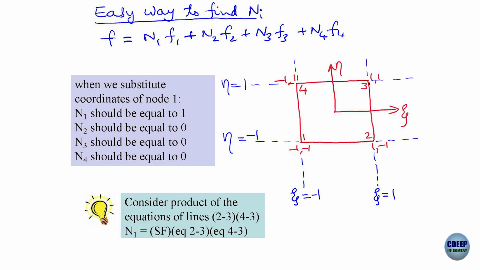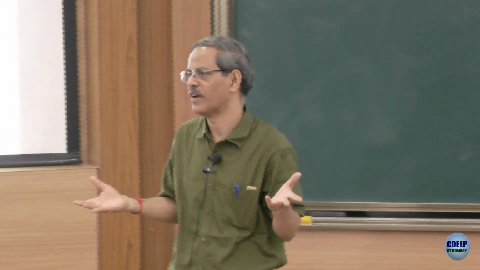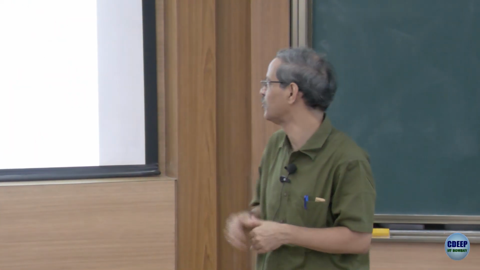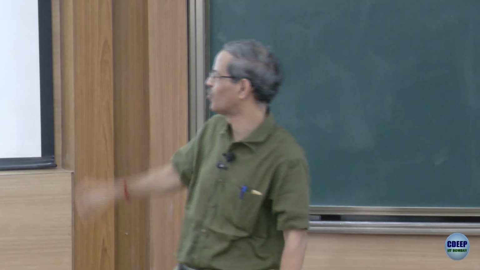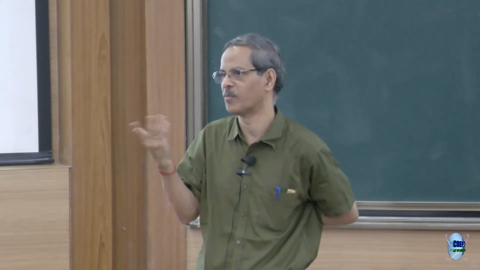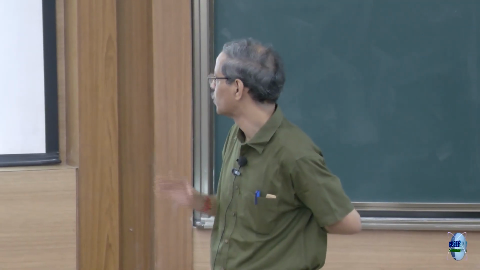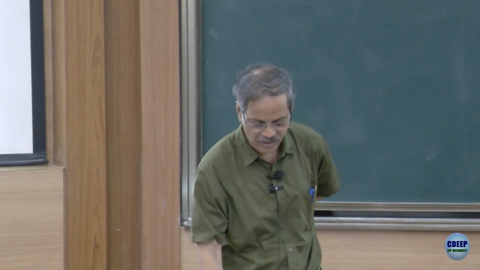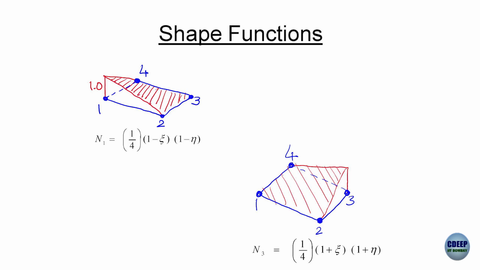Therefore, you could directly, by inspection, write down the shape functions. And of course, a scale factor would have to be there, because the product when you substitute the nodal coordinates of node 1 may not be equal to 1, and you want it to be 1. So, you would divide or multiply by a suitable scale factor. That was the approach we took, and we derived the shape functions by directly looking at the equations of the lines.